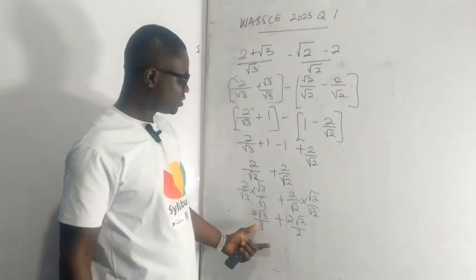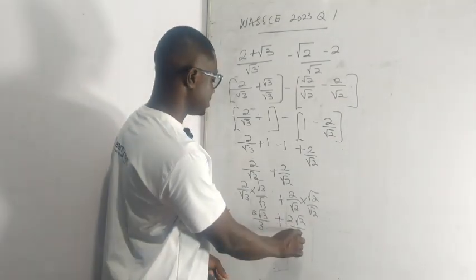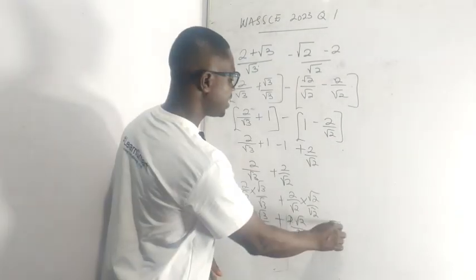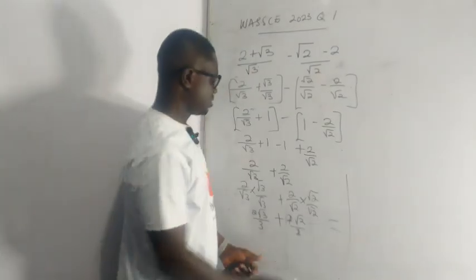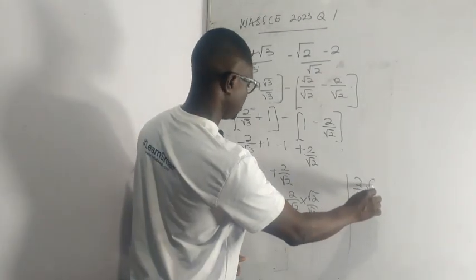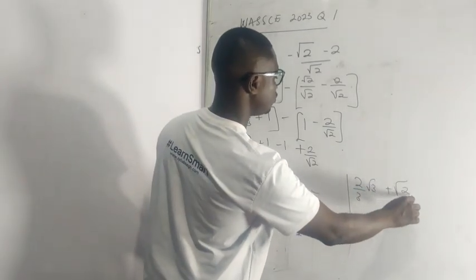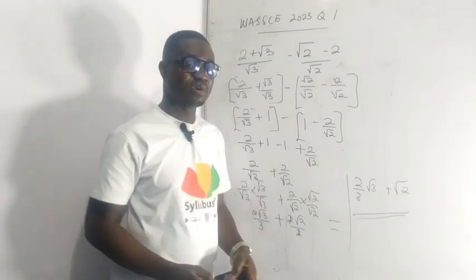Now you can see the expression. Let's cancel out. So our final answer is 2 root 3 over 3 plus root 2. And that is our final answer.